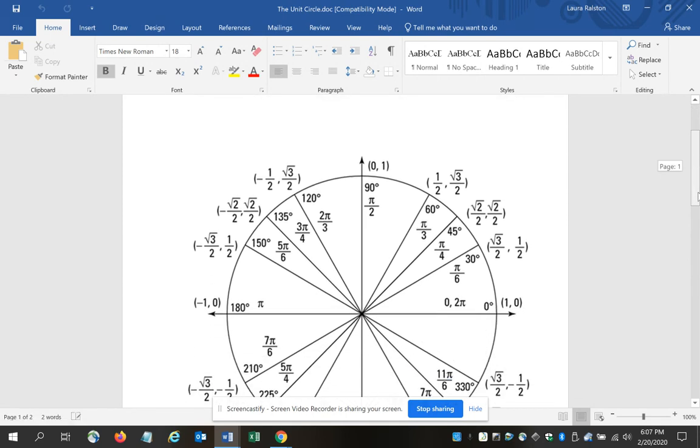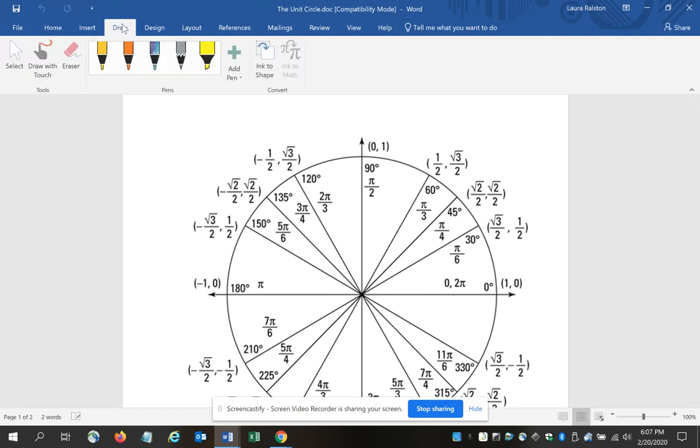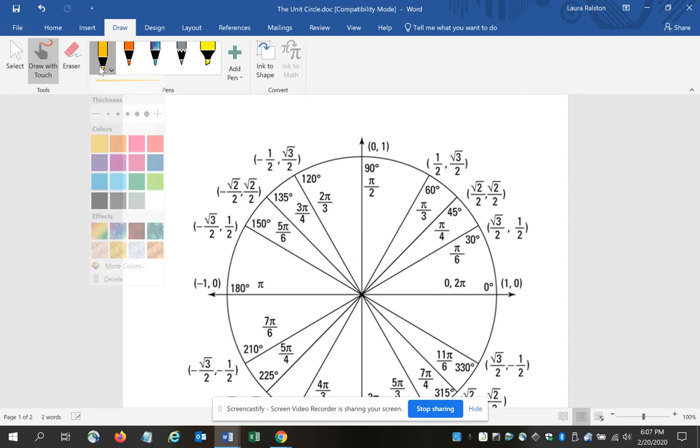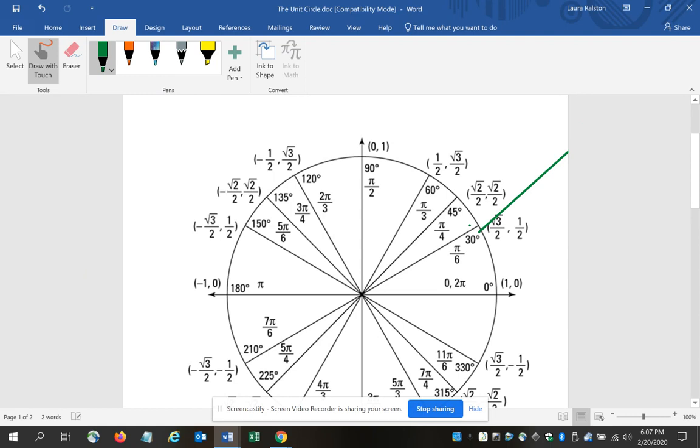If you think about this in terms of the unit circle, a 30 degree angle and a 60 degree angle would be complementary, because 30 plus 60 is 90 degrees.